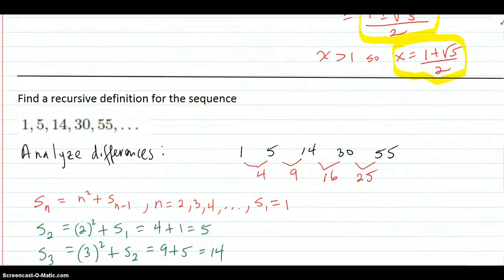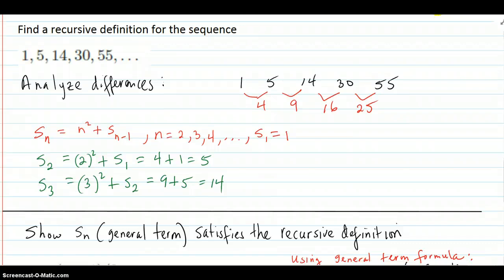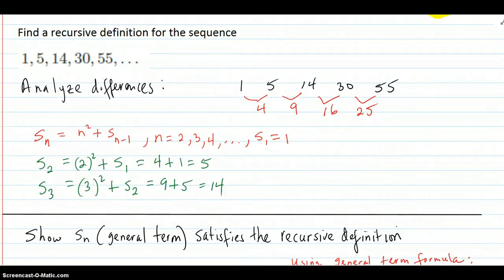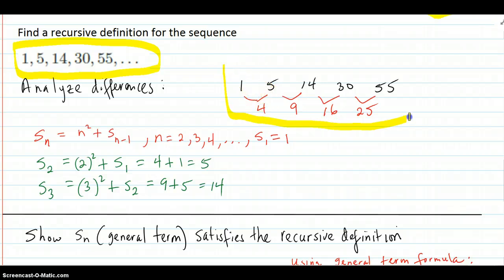Last example is find a recursive definition for this sequence. So one of the tricks of the trade is just to write the numbers out and analyze the differences or the ratios. So you would go 5 divided by 1, 14 divided by 5, 30 divided by 14.